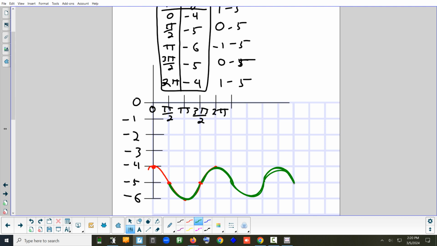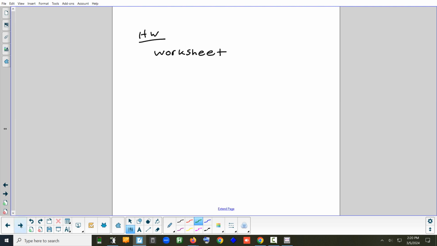It just switches curvature as it goes. All right. Any question on it? So those are the transformations that affect the y values. We did one that affected the x's yesterday, and we'll do the other one tomorrow.